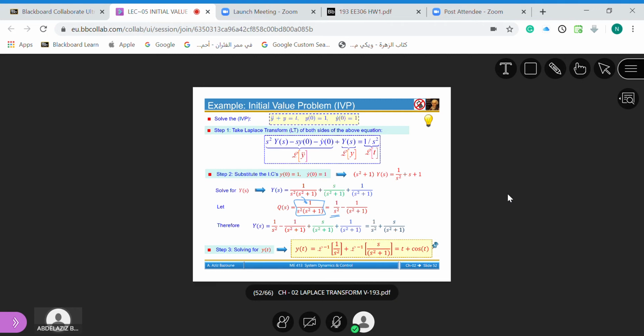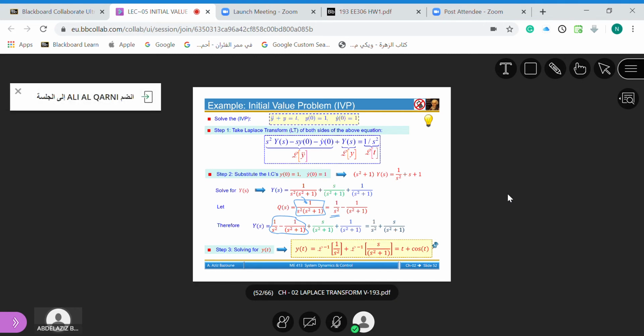So instead of the red one, I will write its equivalent, 1 over s squared minus 1 over s squared plus 1. The green one will stay as it is, and the blue one will stay as it is.